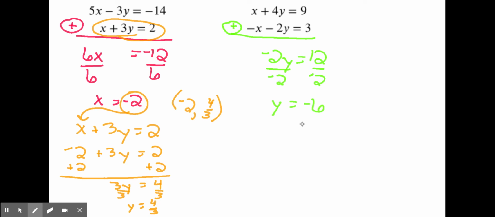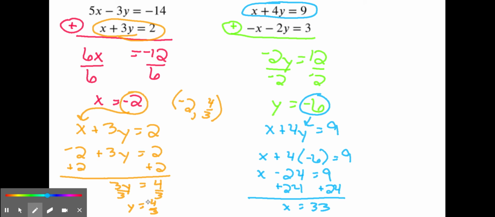I divided both sides by negative 2, and I got y is negative 6. If y is negative 6, pick one of the equations and substitute negative 6 in and tell me what x equals. I got x is 33, so these two lines intersect at the point 33, -6.